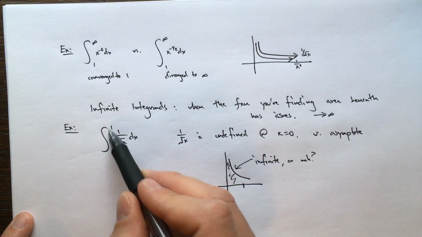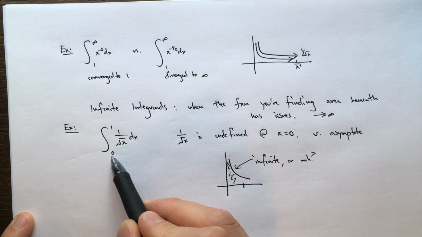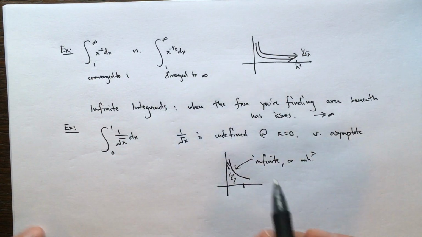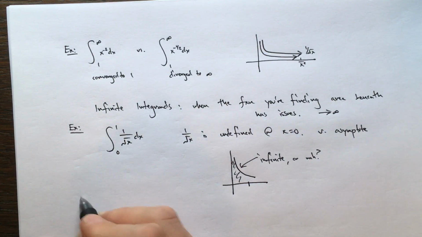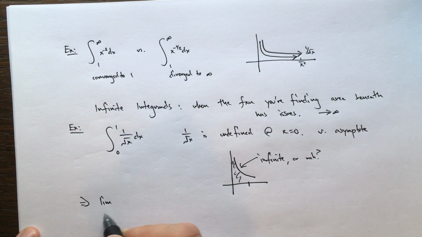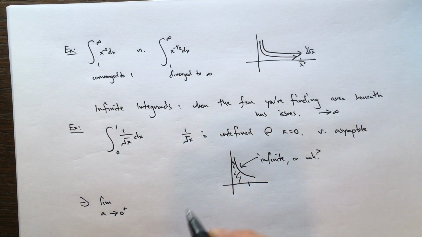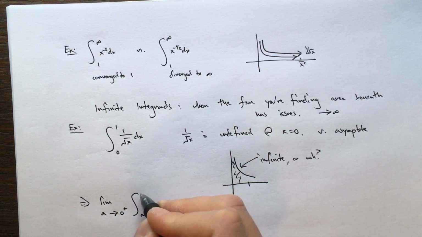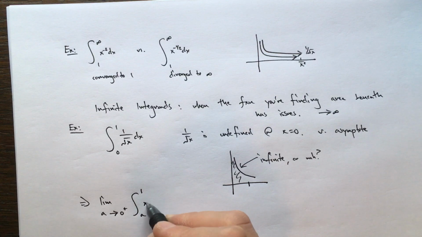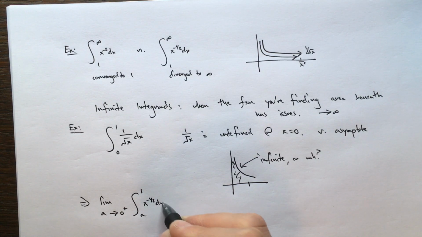So maybe I should say the bounds of the integral, and we're going to take the limit as the letter approaches that bound. So this is going to become the limit as a approaches 0 from the right of the integral from a to 1 of x to the negative 1/2 dx.